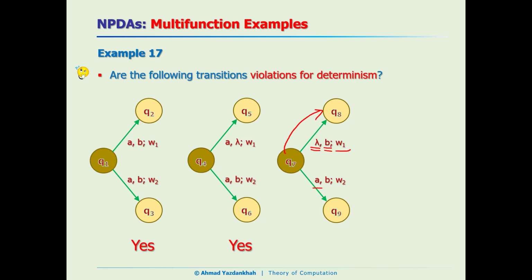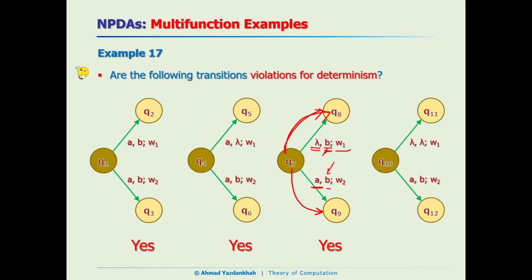But this other transition is saying the same thing: if the top of the stack is B, exactly like this one, and if the input is A, then the machine can move here and also here. So we have two possible transitions at the same time, and this is another violation of determinism.